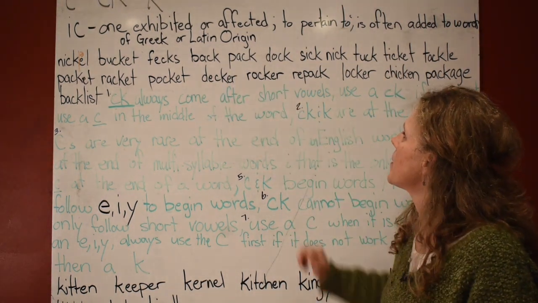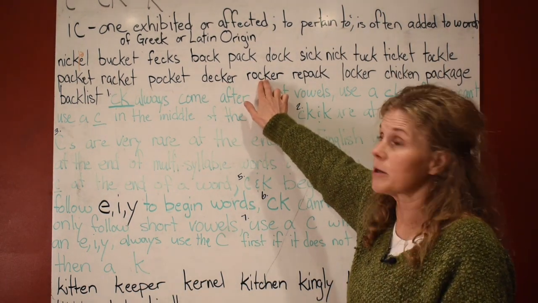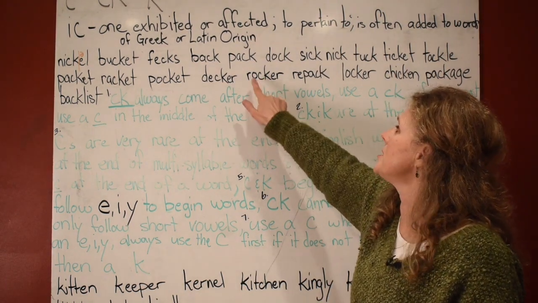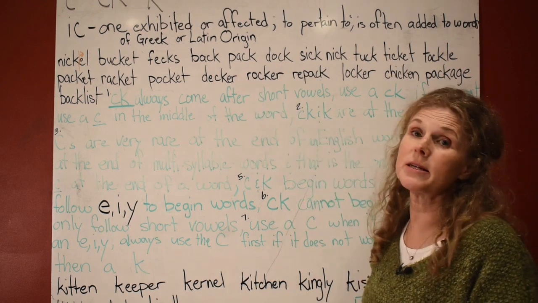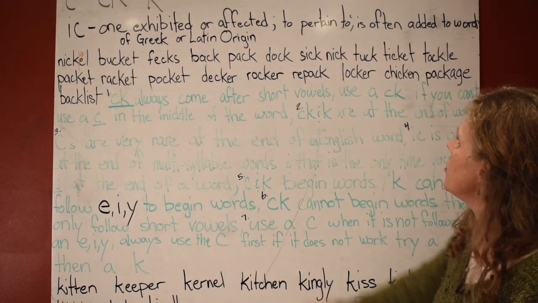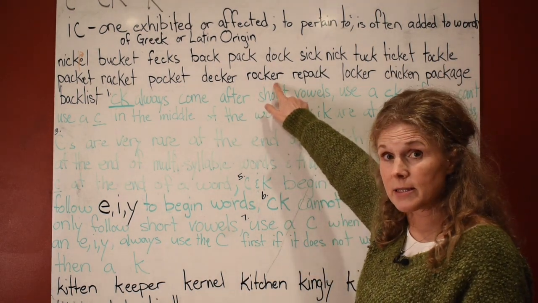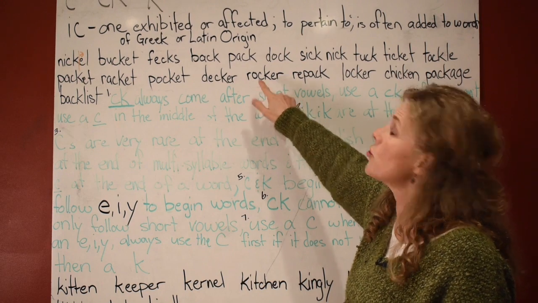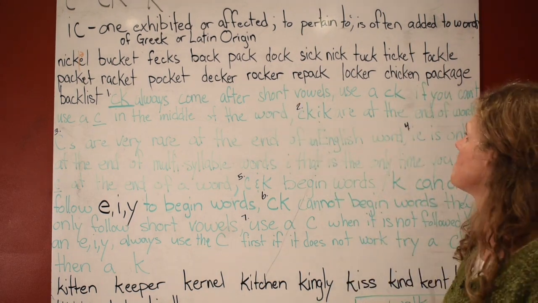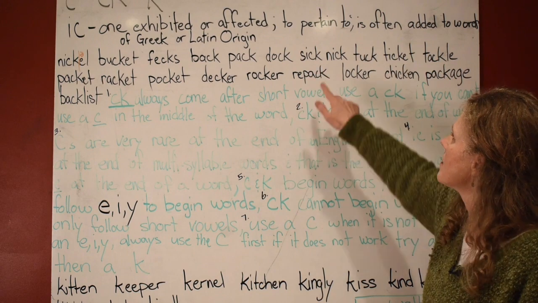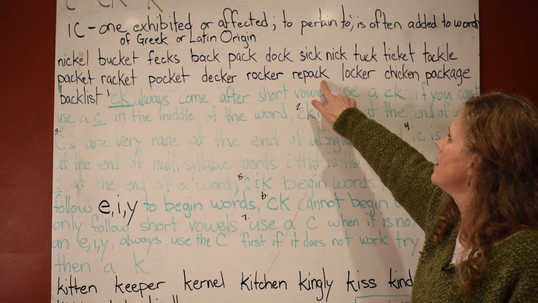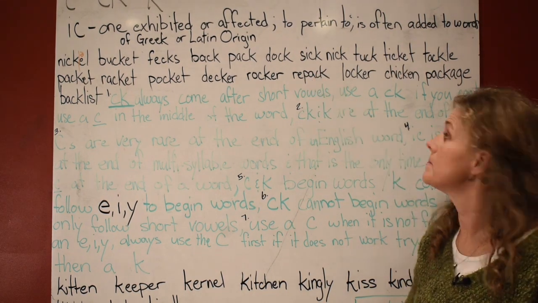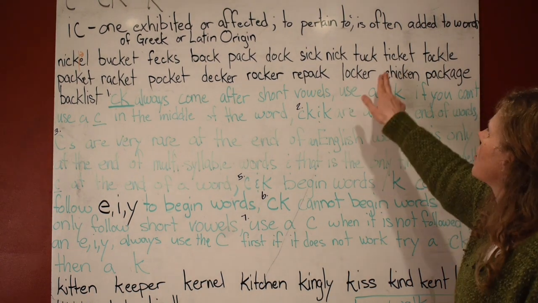Same with this one. Rock is your base word, and so it's going to end with the CK because that is a short vowel. It also couldn't be a C there anyway, because that is an E, I, or a Y. Repack. This is a CK because that's a short vowel. Locker.